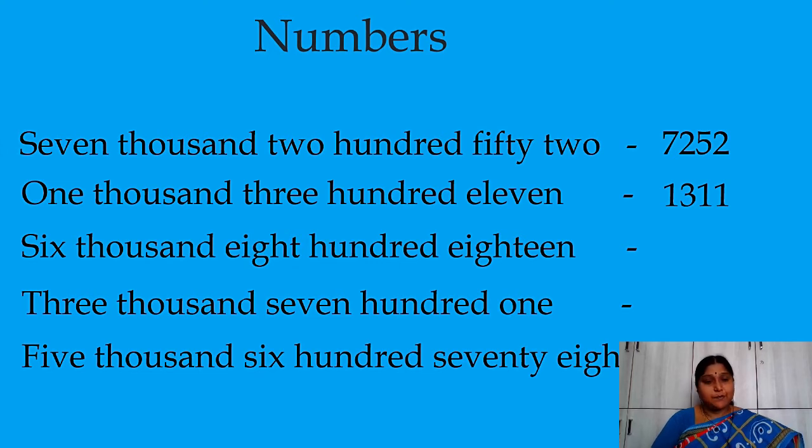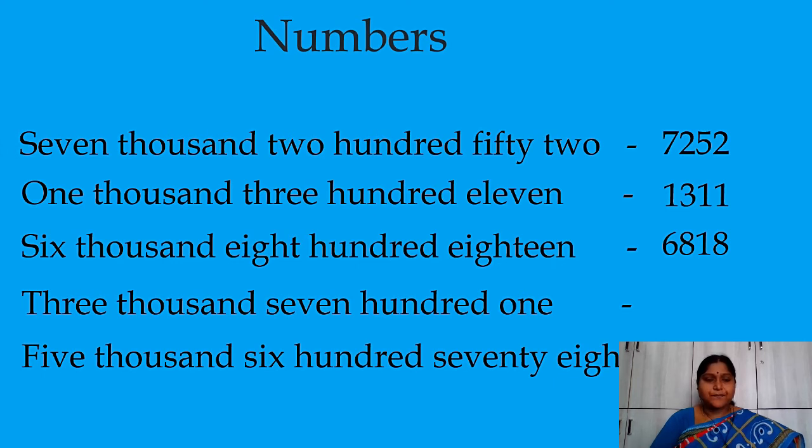Next number name, 6818. That means 6 in thousands place, 8 in hundreds place, 18: 1 in tens place, and one more 8 in ones place. 18 means 1 8.